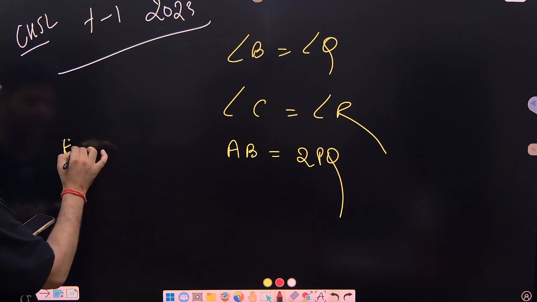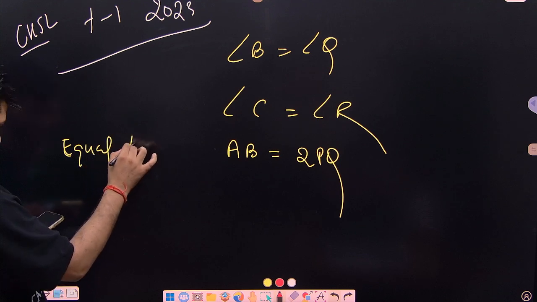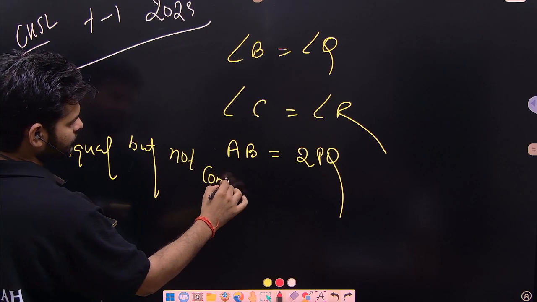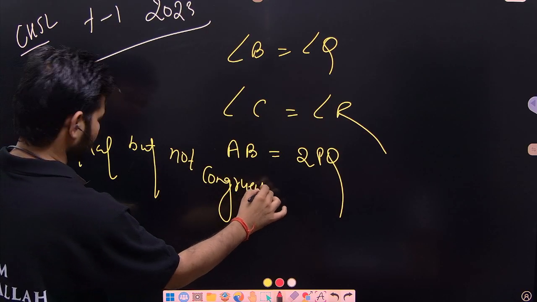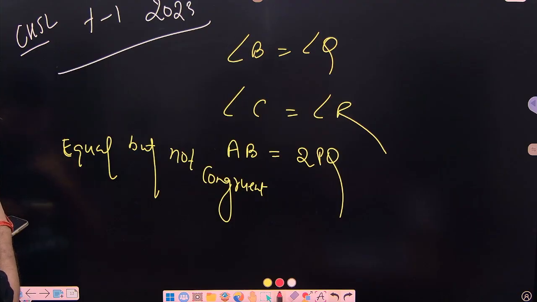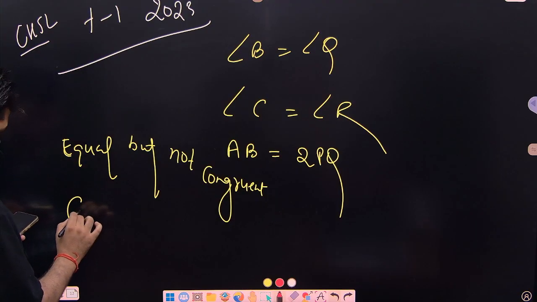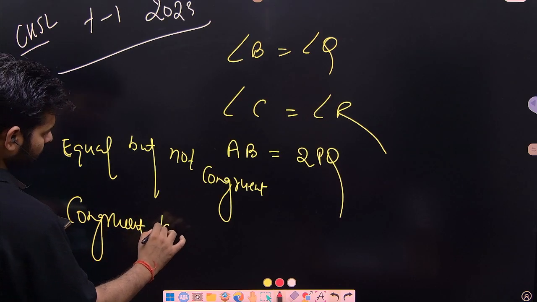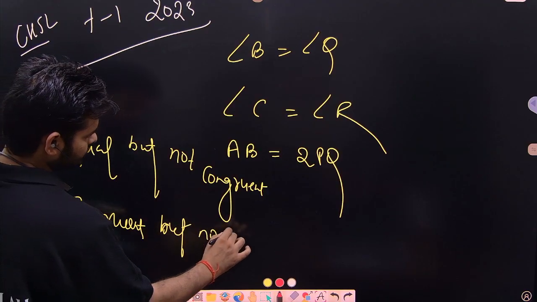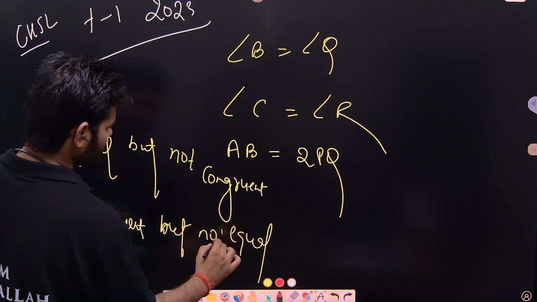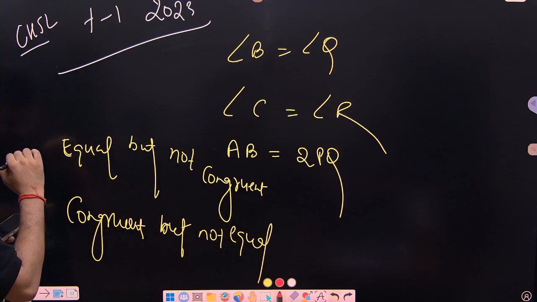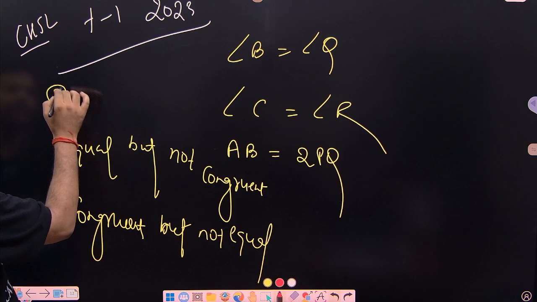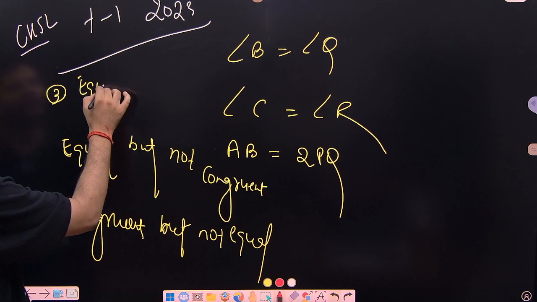equal but not congruent. Congruent but not equal. Third option is equal and congruent.